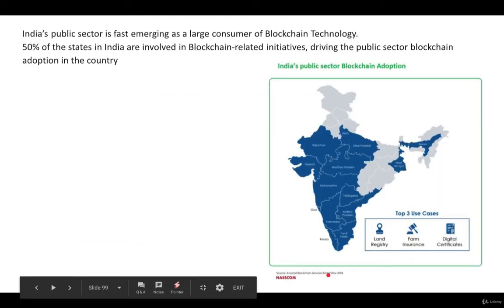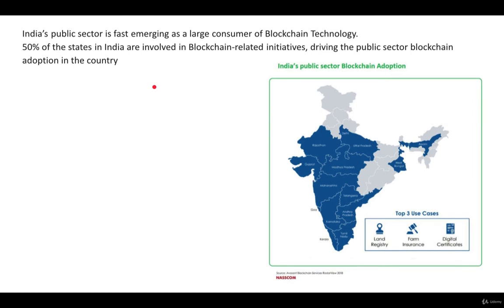Now let's look at how the government in India is deploying blockchain in various states. Around 50% of the states in India are involved in blockchain related initiatives, as you can see here.